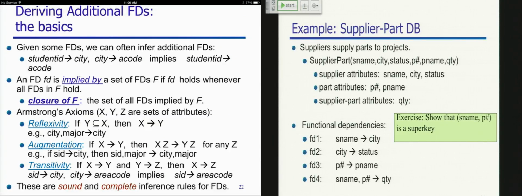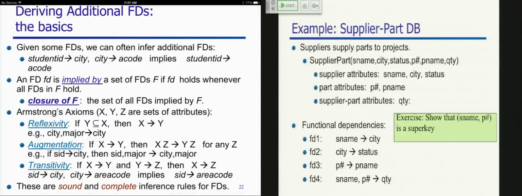Can someone just tell me what it is that I need to show in order to prove that this is a superkey? The S name and part number is the minimal key? Well, I'm just trying to prove that this is a superkey, right? That by knowing S name and P number, you can uniquely identify the other ones.